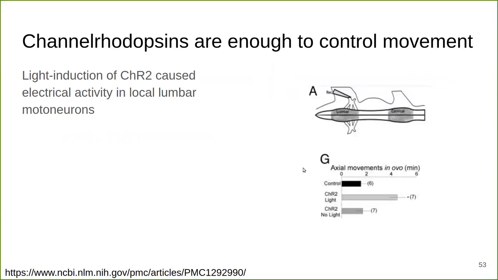And it turned out that they were enough to affect things that were controlled by the neural system. So the light induction of this initial channelrhodopsin caused electrical activity in the motor neurons that control the action of limbs.